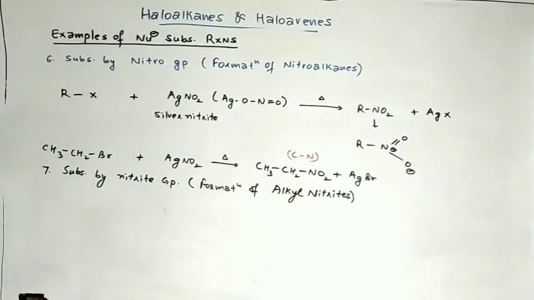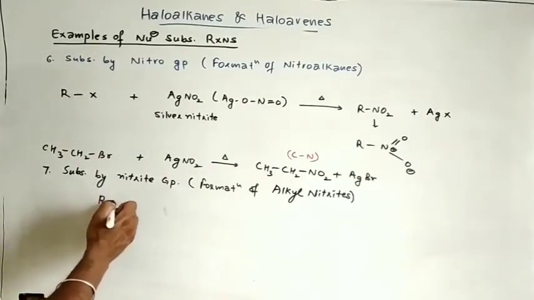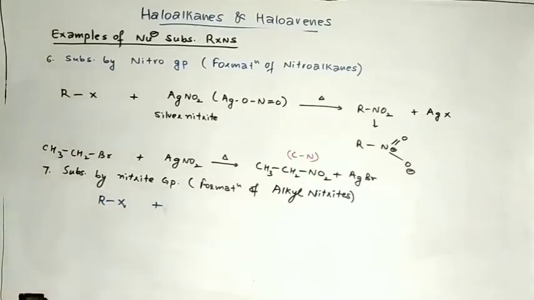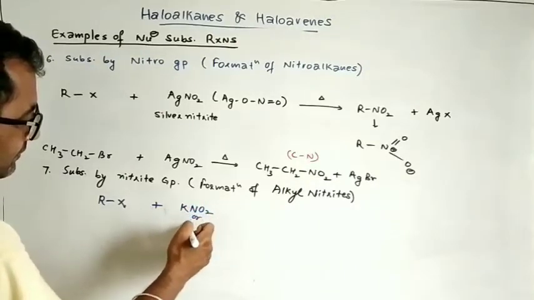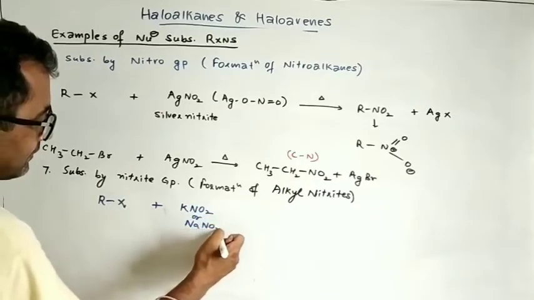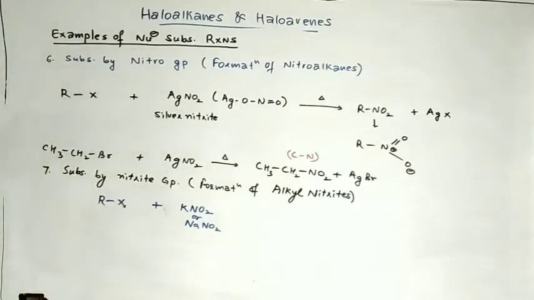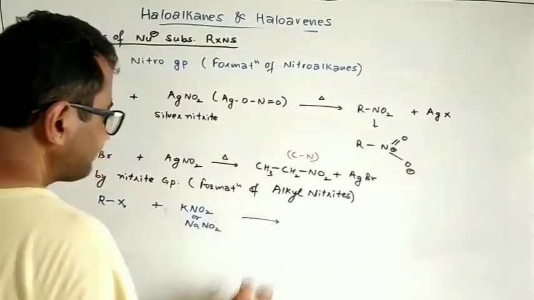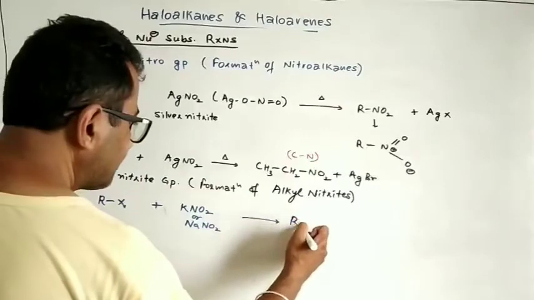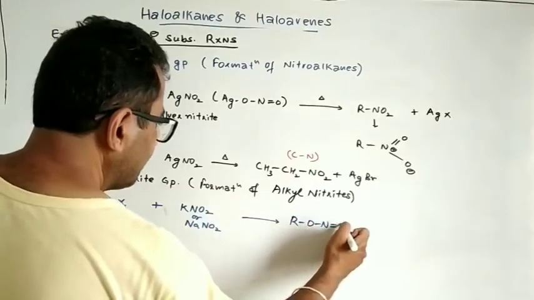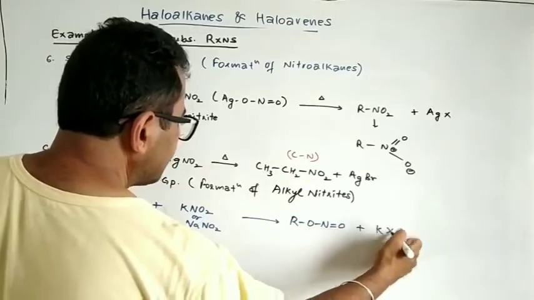What happens in this reaction is when you take some alkyl halide and treat it with potassium nitrite or sodium nitrite, KNO2 or NaNO2, then you get a nitrite product like RONO plus KX.